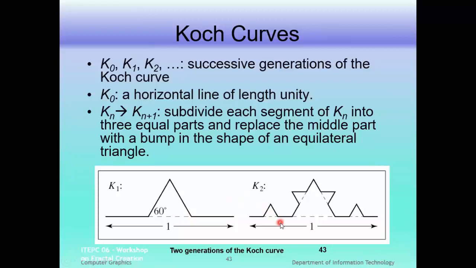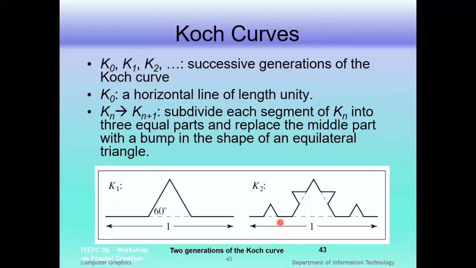The next figure beside this shows the appearance of the Koch curve after the second approximation. After the second approximation, the length of the curve becomes 16 by 9 times the original length.